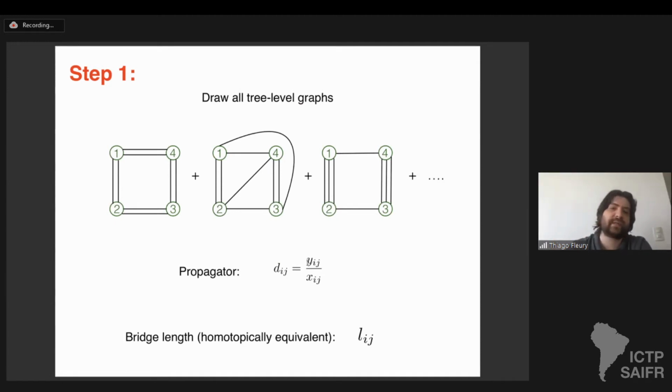I put here an example of a 4-point function of length 4 operators, and then you have all these graphs here. There are many more. So this is the first step of the calculation. The black lines are the propagators given by this expression, and the number of connections between the operators we call the bridge length.